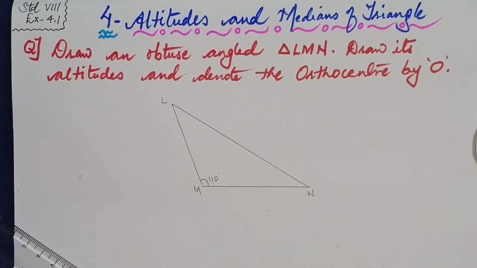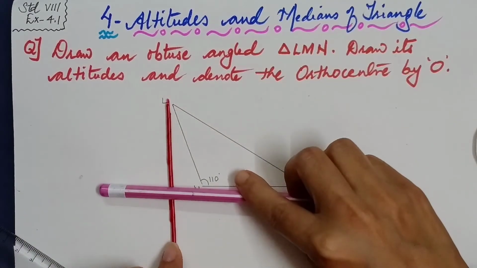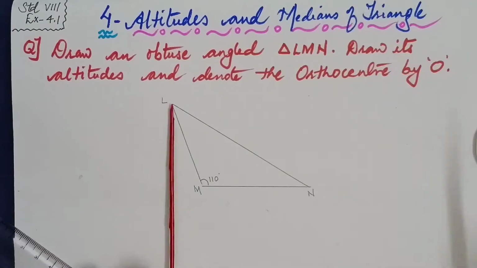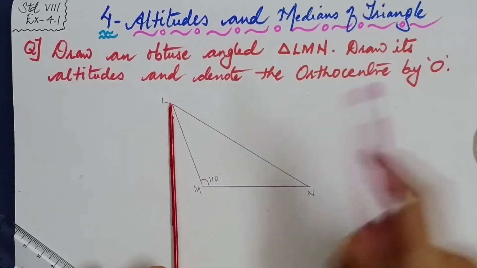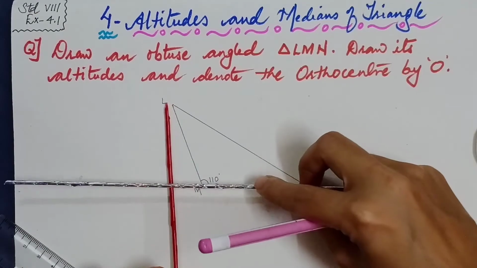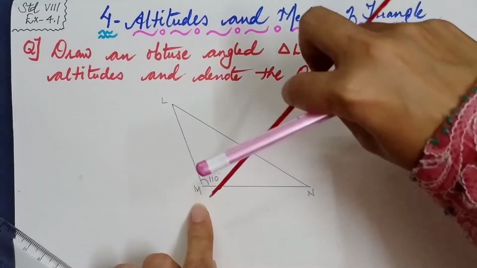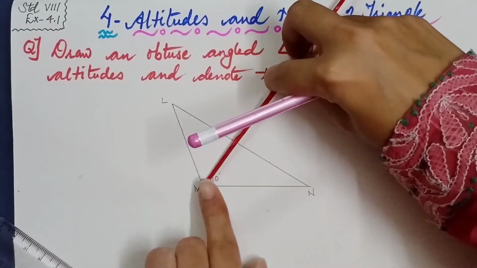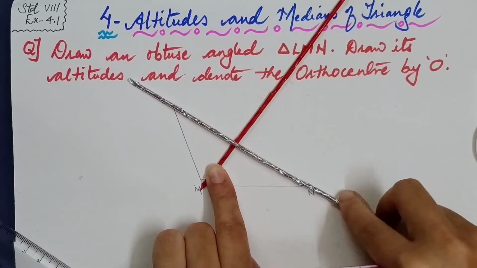Altitude is always drawn from the vertex to the opposite side. Now let us say this is point L. Let us take this as a vertex. Now this is the altitude which will be drawn on the side MN like this. From the vertex M, it will be drawn on the opposite side. So I will keep the set square like this and the base will be like this.